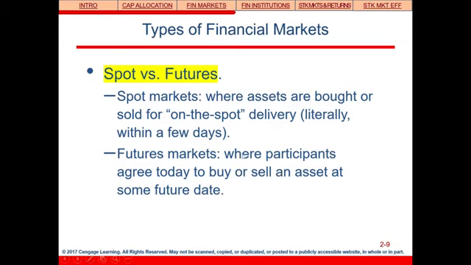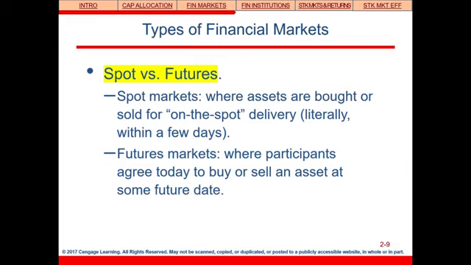These are markets where participants agree today to buy or sell an asset at some future date. This future date can be a long date, like in a year, or a near future date, maybe like in a week or so.